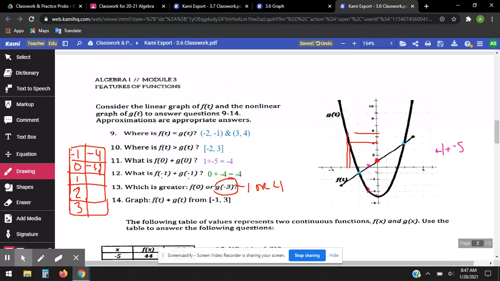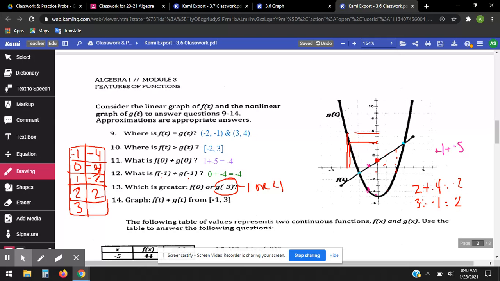So f of 1 is 2 plus g of 1 is -4. So that one's going to be a -2. If I go to the 2's, I have about 3 plus -1, so that would be a positive 2, right?